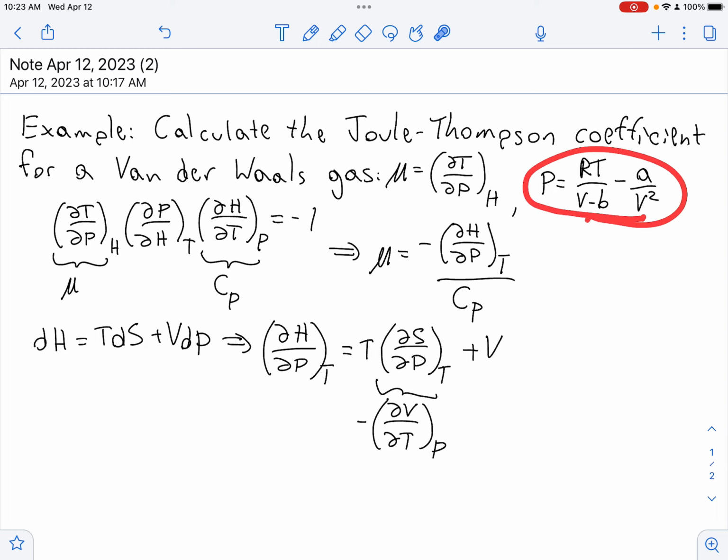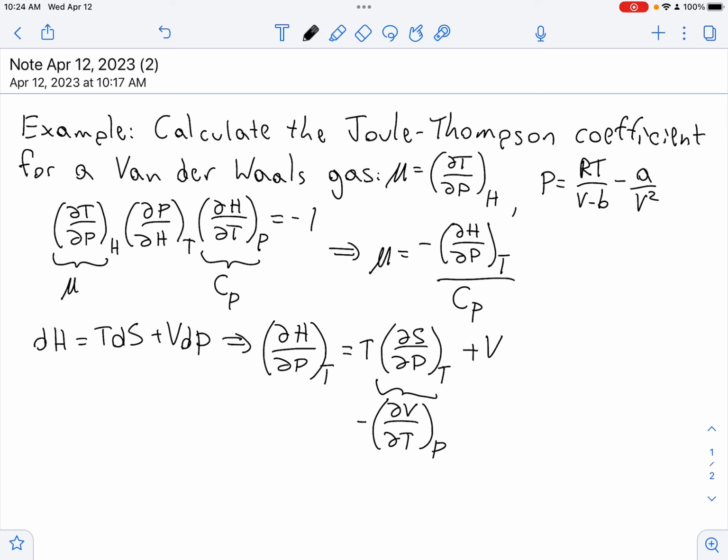However, this is a cubic equation of state, which would make it kind of hard to calculate V. It's a little hard to actually come up with an explicit solution for V. It would be much easier if we could calculate the derivative we want in terms of derivatives in pressure, because we've solved for pressure. And let me show you that we can do exactly that.